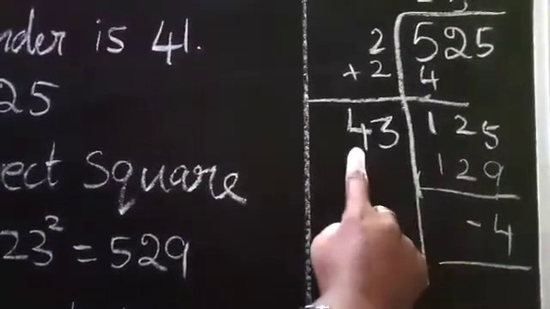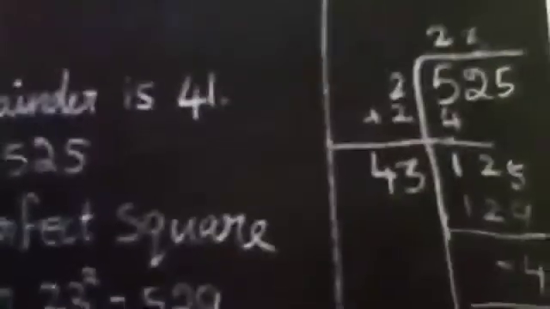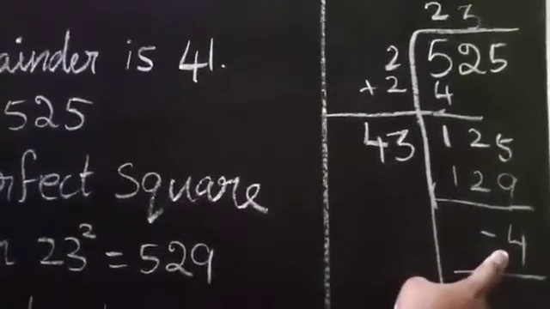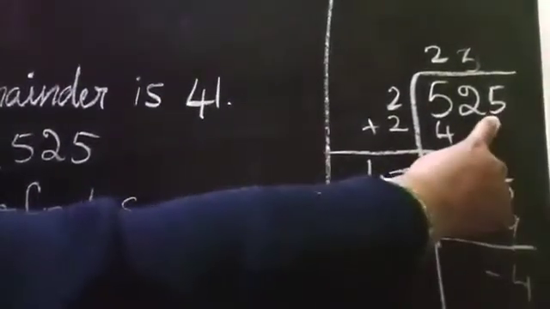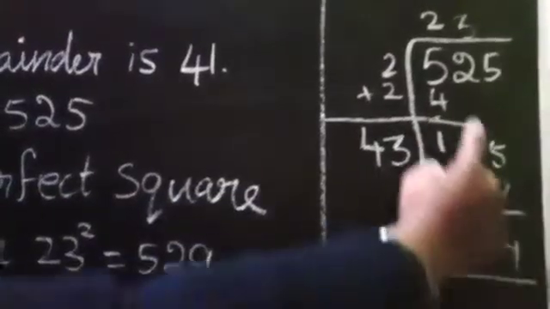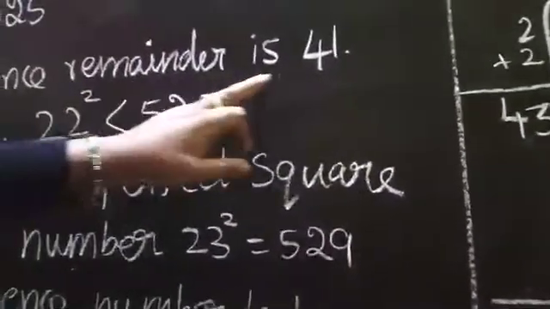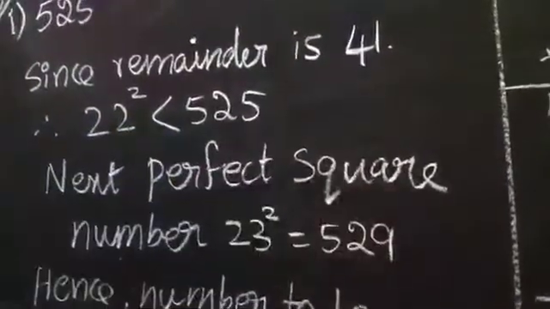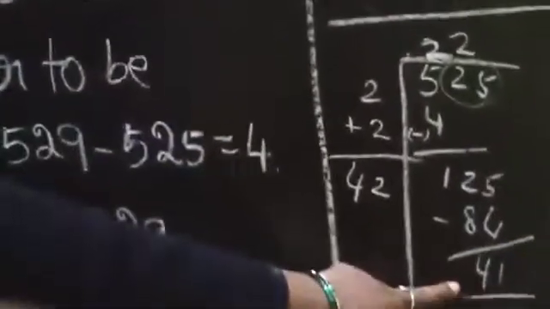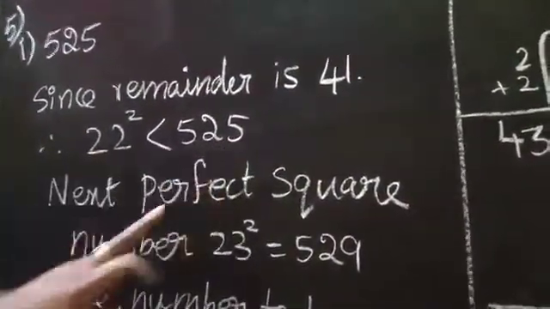That is 43 into 3. So 23 squared we get. This minus 4 we should add with this. So 525 plus 4, 529 will be. Since remainder is 41, so 22 squared will be less compared to 525.